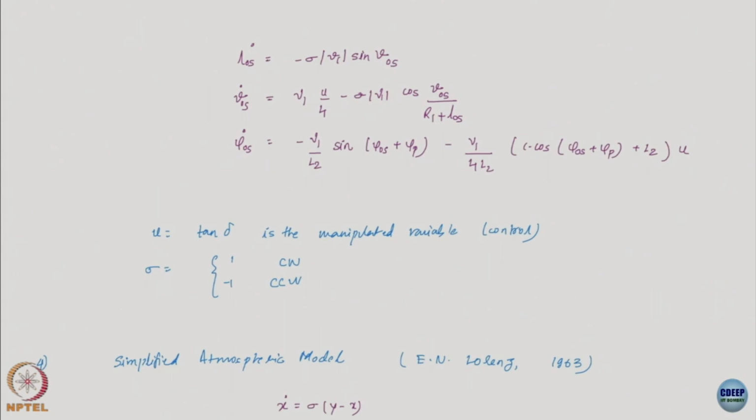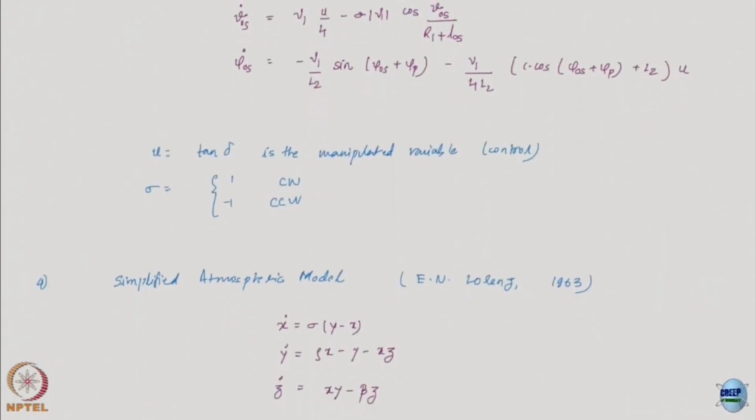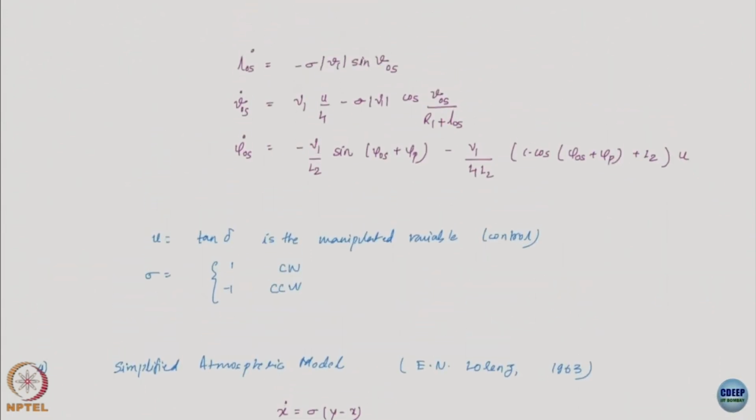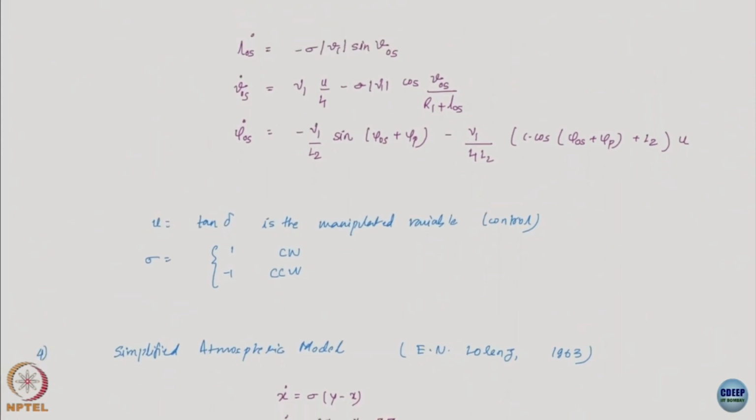It's just because of how the model is being represented, but the control is just one, and that's the steering. Sigma is not a physical variable at all. Depending on how you are rotating the steering, clockwise or counterclockwise, it just assumes a sign in the model here. This is just because of how the modeling is done.